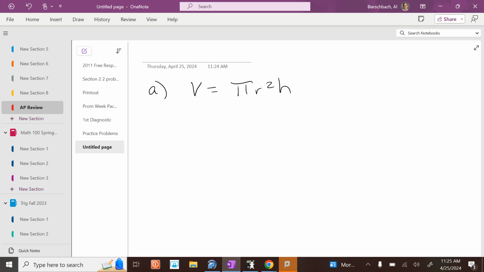Then you need to change your radius into 1/3 the height. That would be showing more work, probably another point once you got there. And then if you square it out, it's 1/9 pi, and then h squared and h to make h cubed, 1 point for that. So there's your 3 points, those 3 lines.